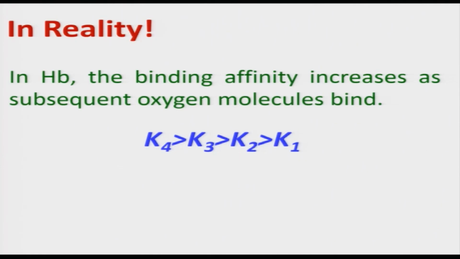This is a remarkable sequence, because the statistical probability which we expected for 4 heme centers is completely inverted in reality. This is what is happening in hemoglobin.